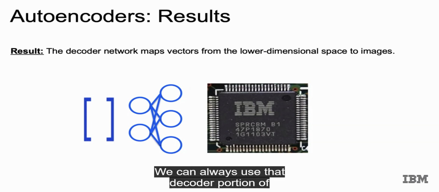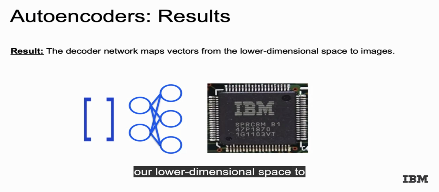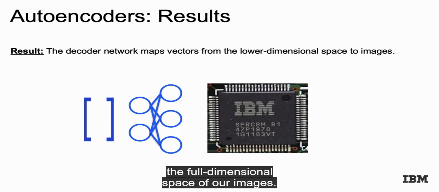And we can always use that decoder portion of the network to map those vectors from our lower dimensional space to the full dimensional space of our images. The point being that this allows us a means of compressing and then decompressing our data.